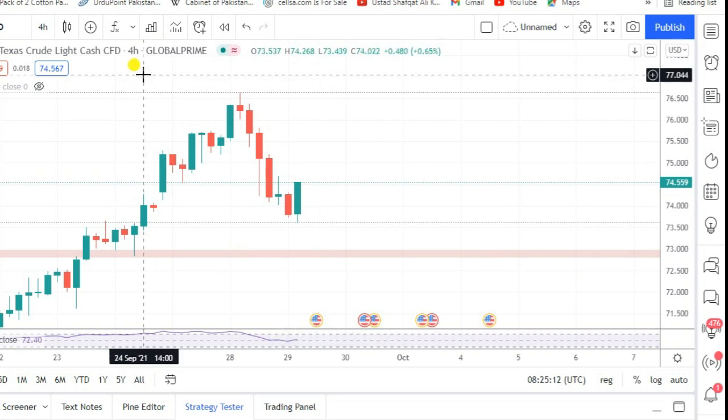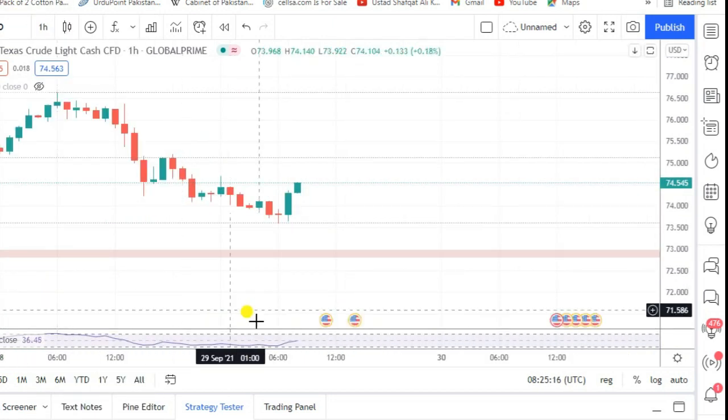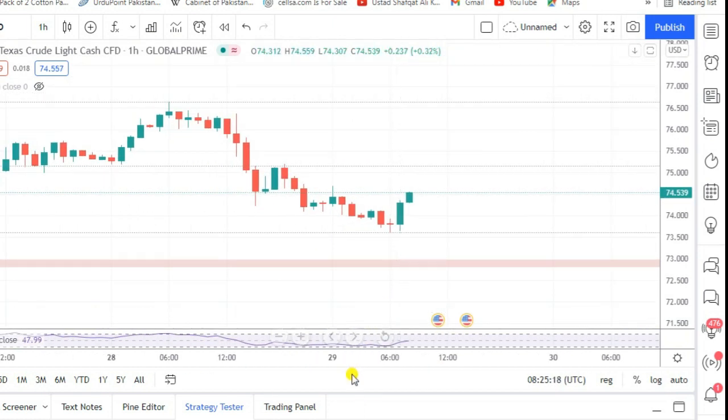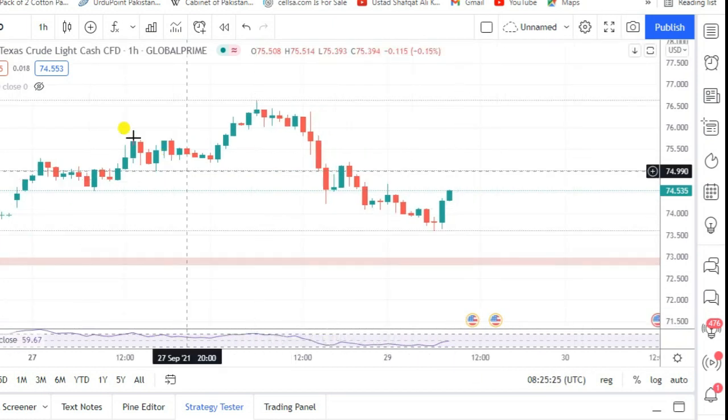If you look at the 1 hour time frame, because the 1 hour time frame is the trading time frame, it gives you more clear confirmations of where you have to put trades, or where you have to put your sell orders or buy orders.